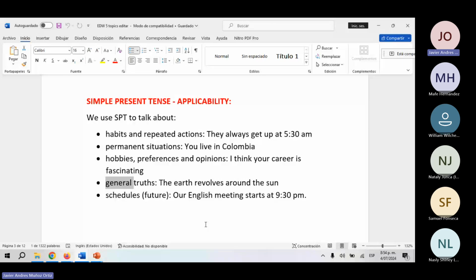So how do you know that ice burns you? Because you touch it. When you touch ice and you keep it in your hand, you're going to feel that your hand burns, and that knowledge can be gathered just by experience.